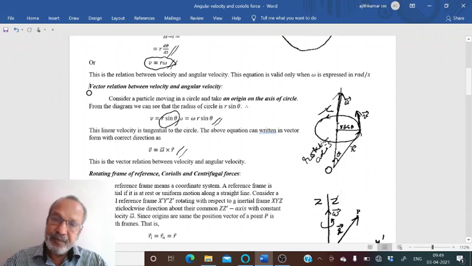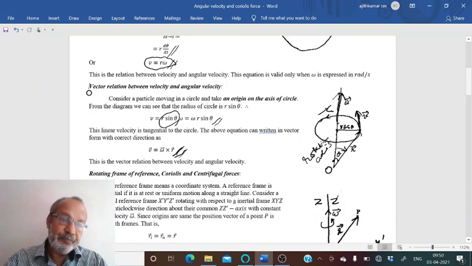Now here the velocity of the particle is into the plane of the paper. If you take omega cross r, we have to rotate a right-handed screw from the direction of omega to r, so the screw will move in the direction of v. So this equation is vectorially correct with respect to the directions of v, omega and r, and magnitude-wise it is also correct.